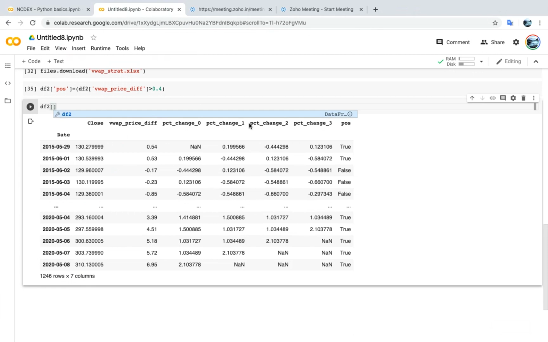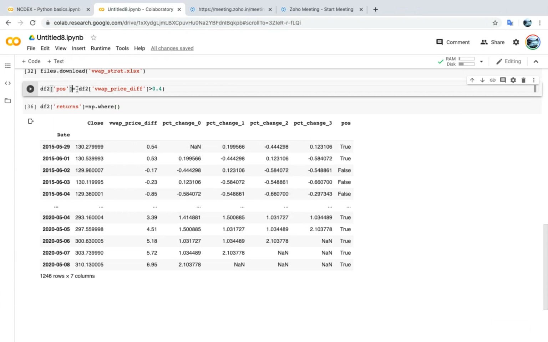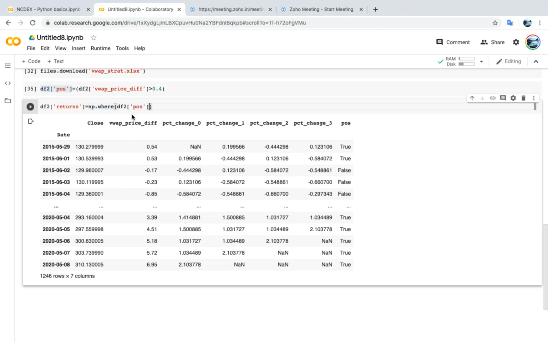df2 returns is equal to. I hope everybody is with me on this. So we will check if df2 position is true.